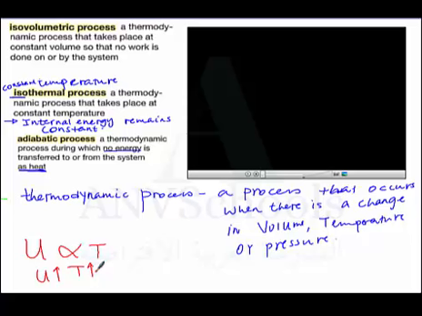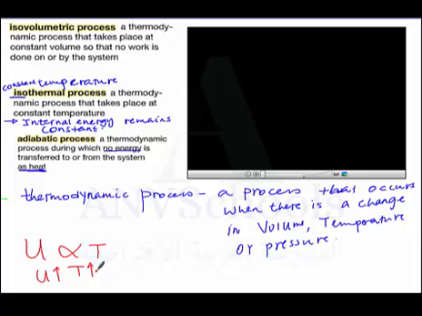But in an isothermal process, the temperature is constant. The temperature doesn't change, it remains the same. That means the internal energy of the system also remains constant. It doesn't change.